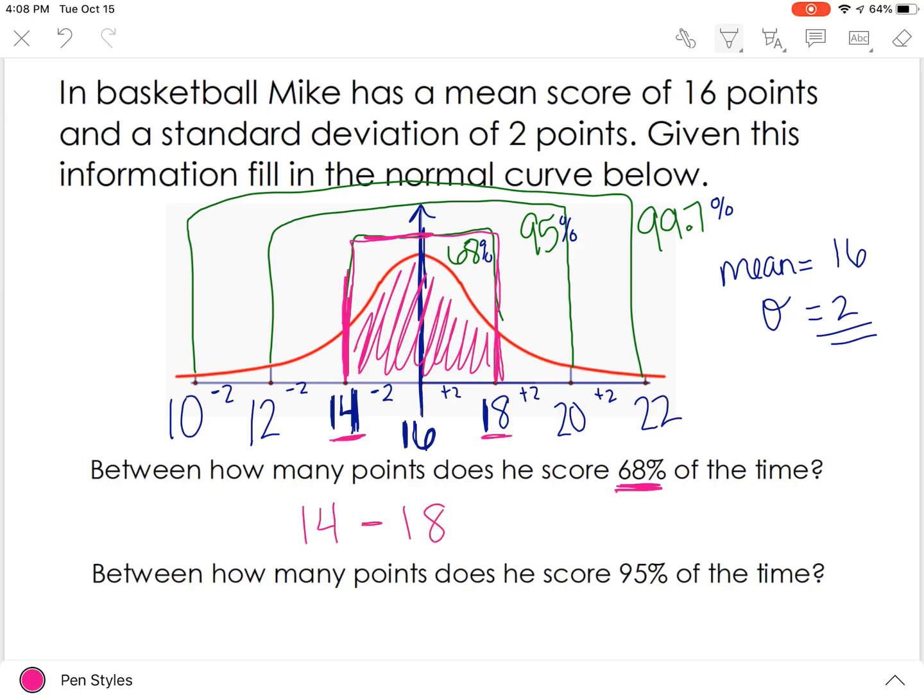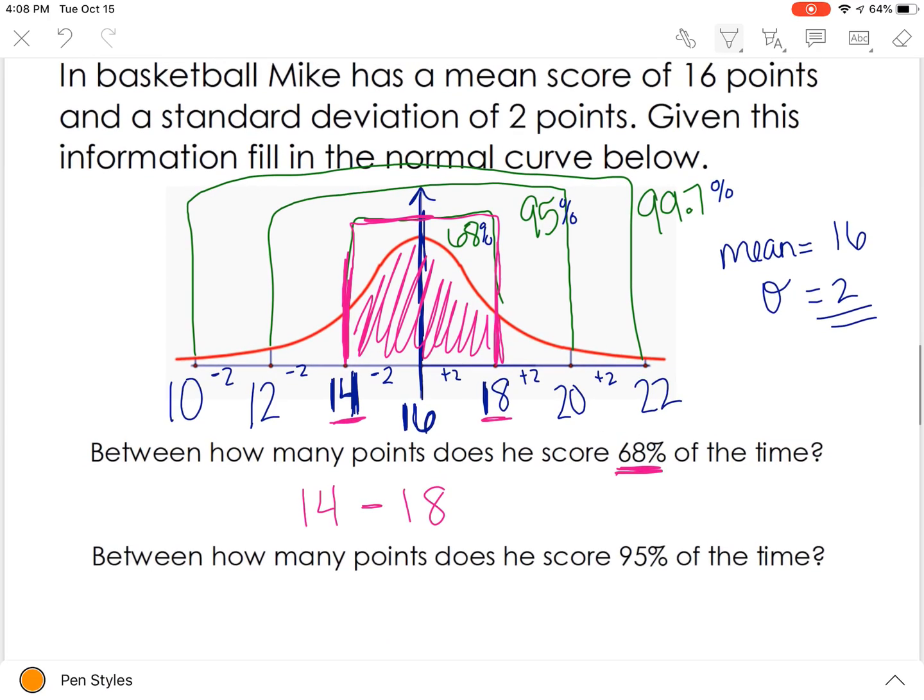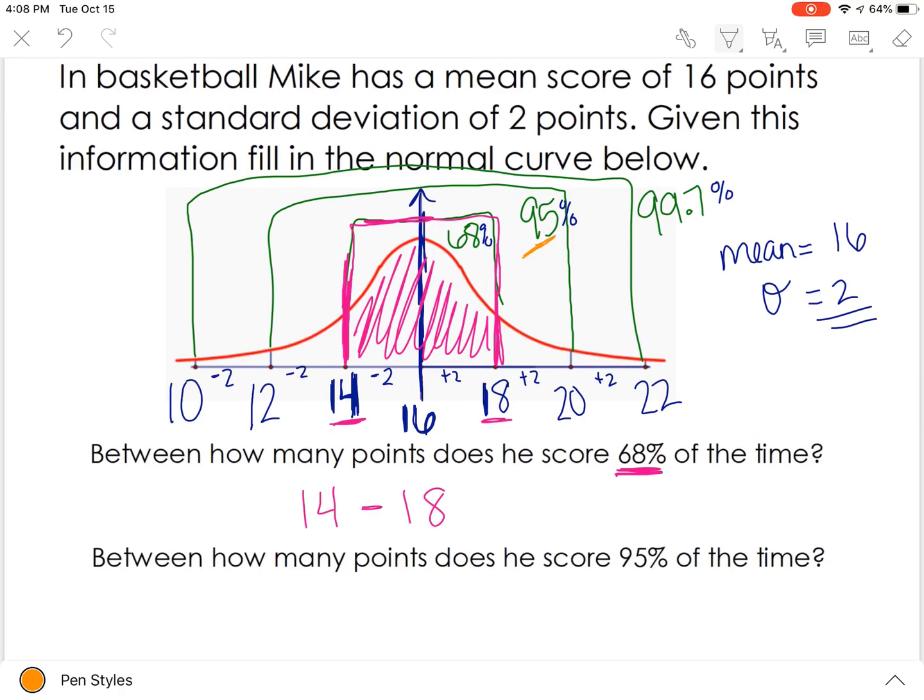So 68% of the time, Mike scores between 14 to 18 points. Between how many points does he score 95% of the time? So we're going to look at 95%. That's from here to here, so that would be all of this area in the orange. If we look, that would be 12 to 20. So 12 to 20 points 95% of the time. And that's our normal curve.